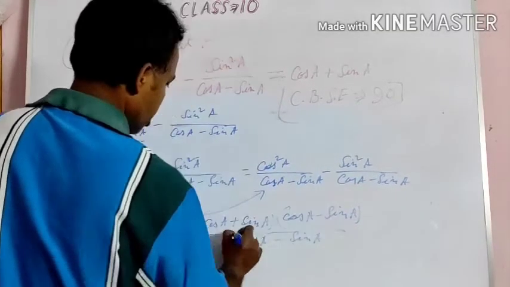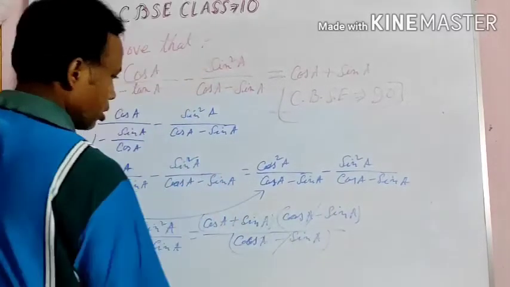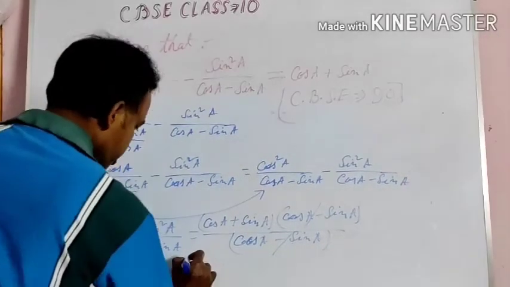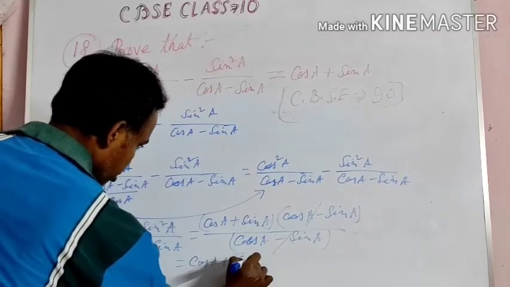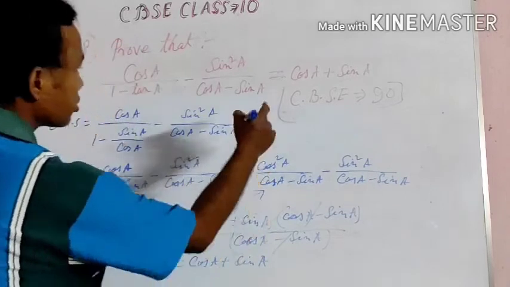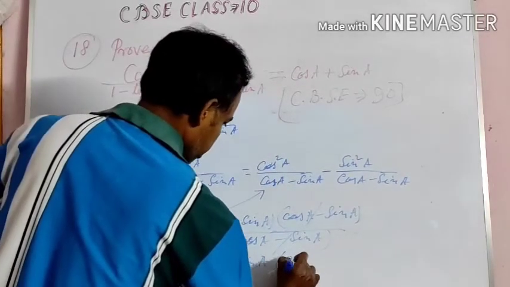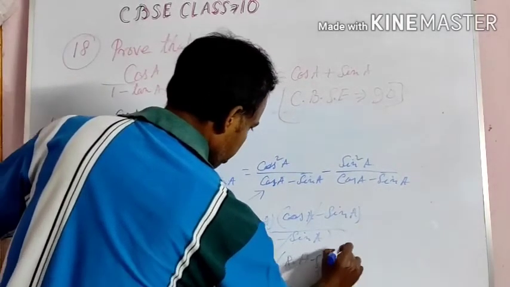Here cos a minus sin a, cos a minus sin a will be cancelled out. So result will be cos a plus sin a, which is your right hand side. Proved.